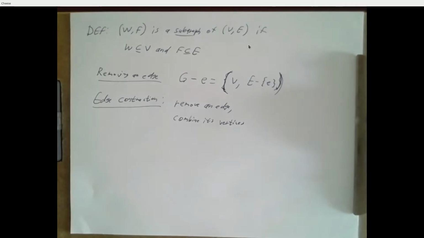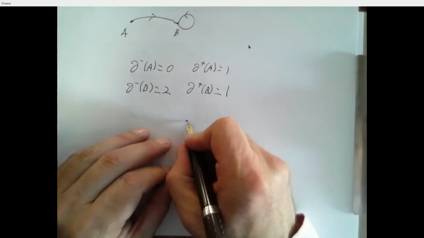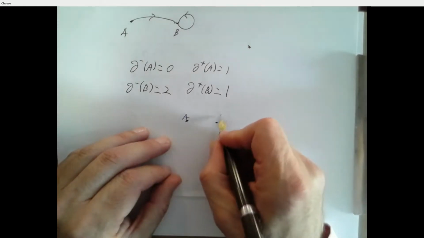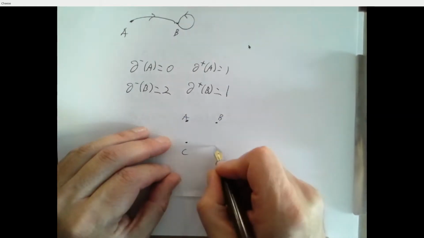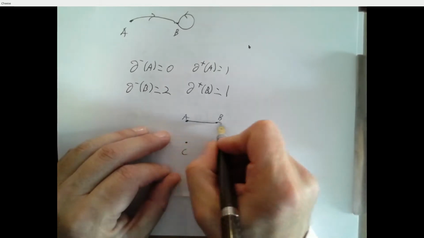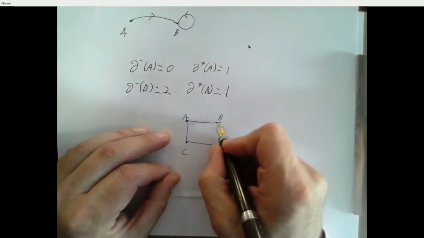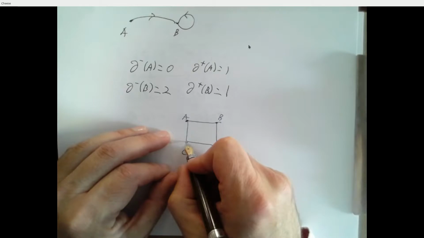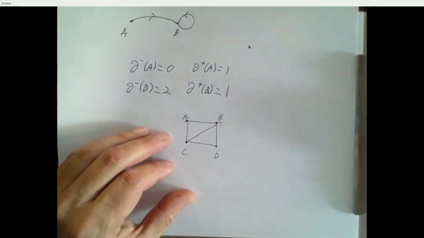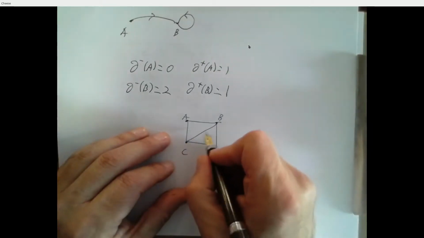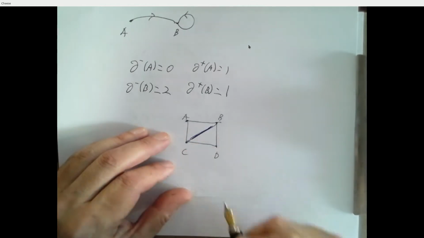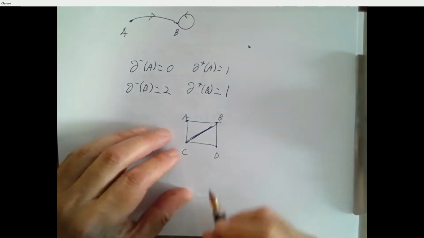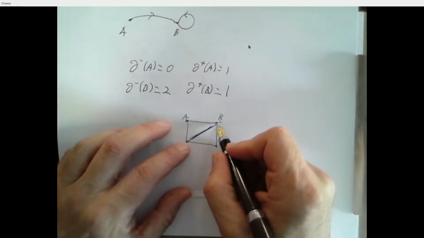So let's see if I can come up with an example. So if I want to remove this edge, I'm going to take that out of the graph, and then I'm going to join B and C together to be the same vertex.